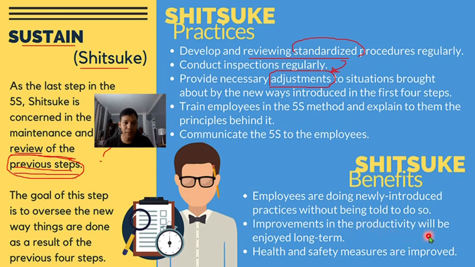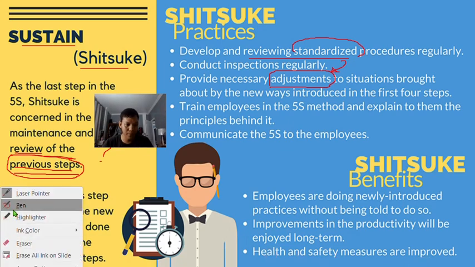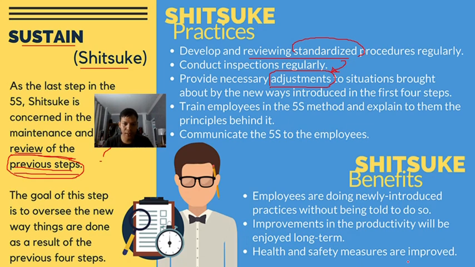Improvements in productivity will be enjoyed long term. Because we have the adjustment and the improvement of the standard, it will improve the productivity of the work. Number three, health and safety measures are improved as well. There is an improvement, as what we have discussed in our face-to-face class: change is the only constant in this world.